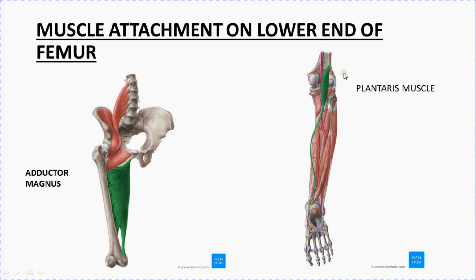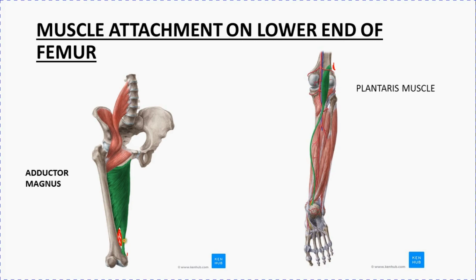Now look at this figure. This is the plantaris muscle arising from the lateral supracondylar ridge, and this is the adductor tubercle. You can see that there is a hiatus, or an opening, present in the adductor magnus insertion.